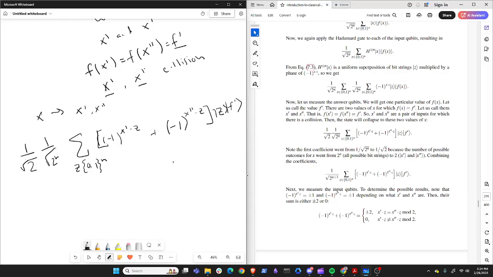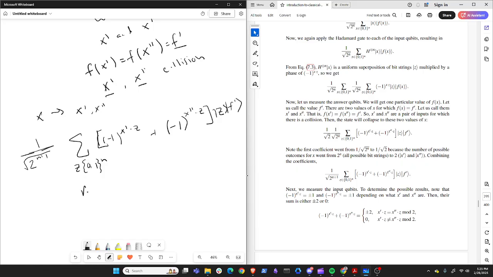They combine these two into one over 2^(n+1). We had 2^n, we had another 2, now we have 2^(n+1).